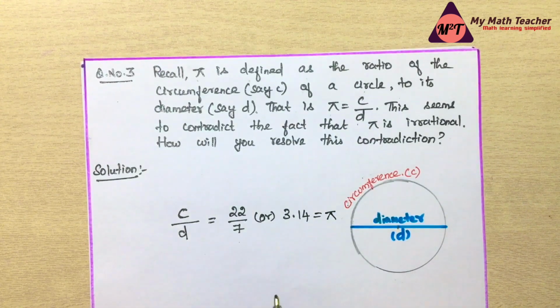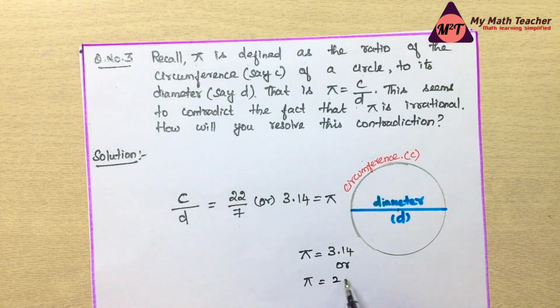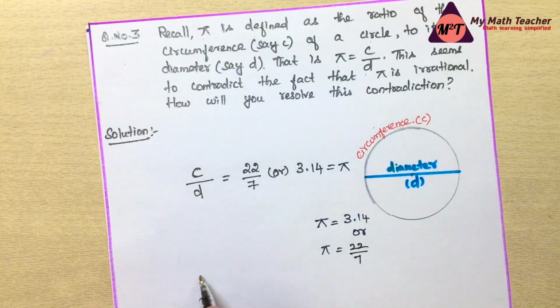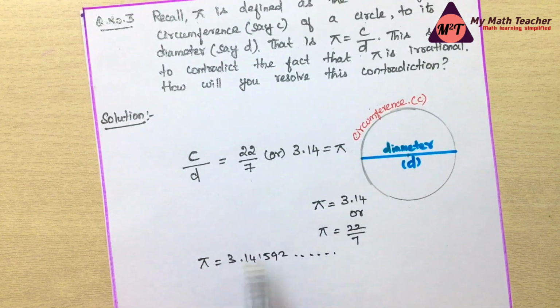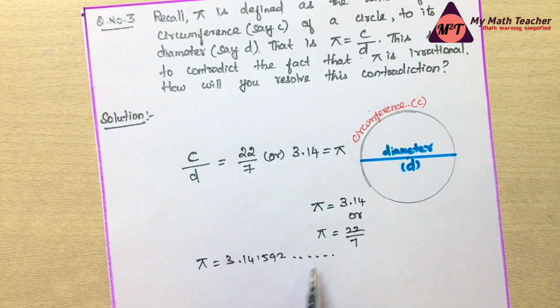Many a time in our textbooks, pi value is given as 3.14 or 22 by 7. Whereas as an irrational number, we know that the pi value is 3.141592, it keeps on going. That is, pi value is non-terminating, it will never come to an end, and also non-repeating.